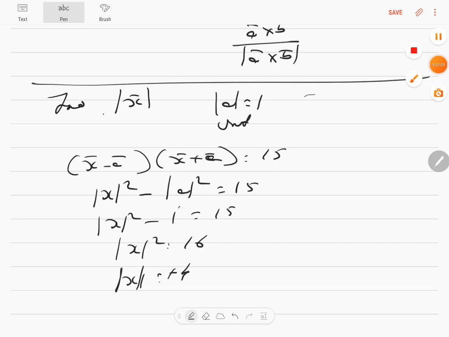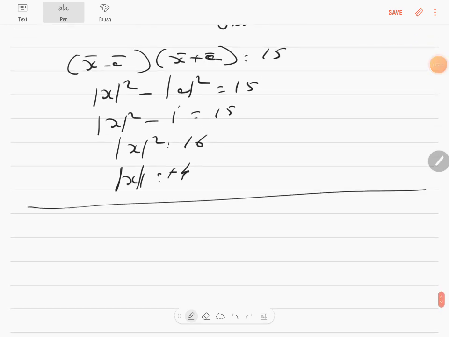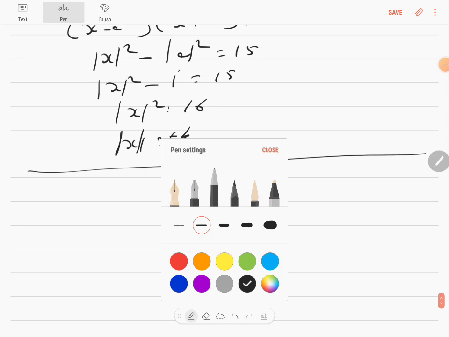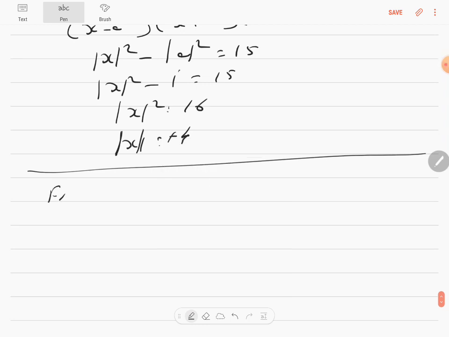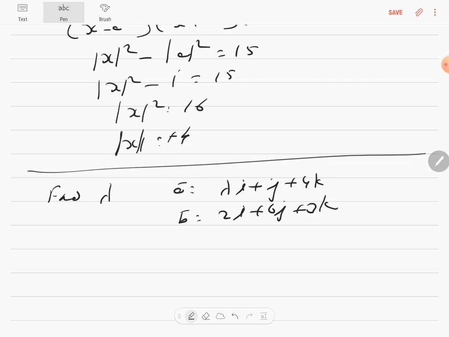The next question that has come for board exam is find lambda, for which they have given A vector to be lambda i plus j plus 4k, and B vector to be 2i plus 6j plus 3k. They are saying the projection of A vector on B vector is 4 units.